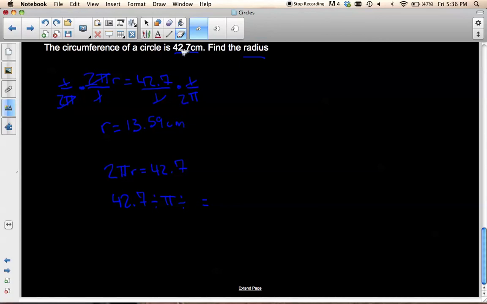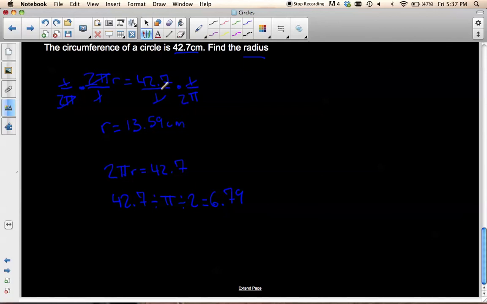My mistake, guys. Divided by 2, because we're working backwards, will give us the radius. So 42.7 divided by pi divided by 2 is going to give us our radius, which is 6.79.